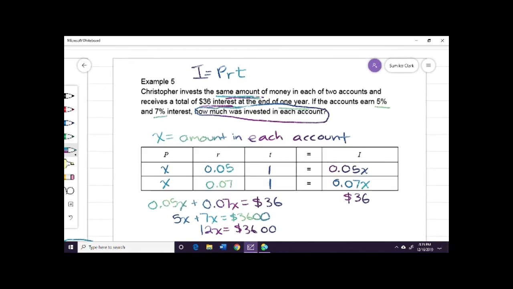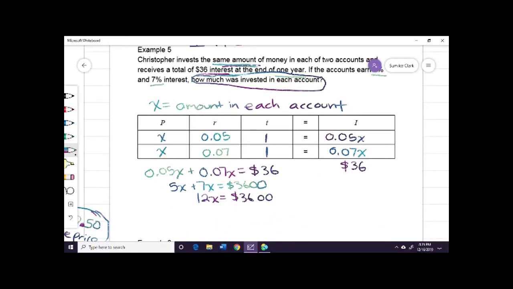Let me scroll up just a bit here. Okay, and then we'll solve for x by dividing both sides by 12. Therefore, x equals $300. And then, so what does that mean? That means that Christopher put $300 in each account at the beginning of the year.